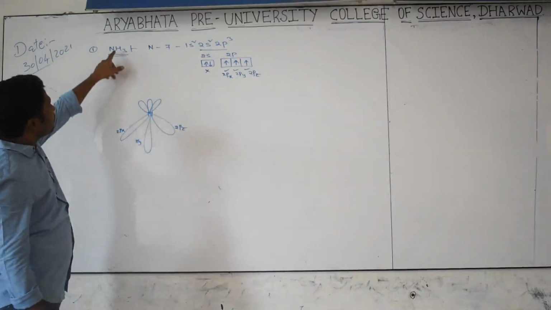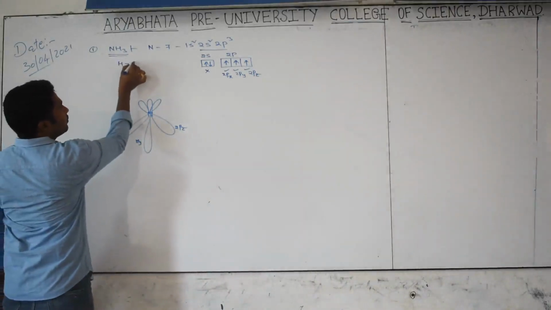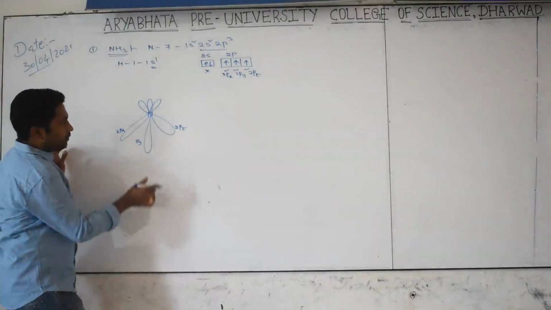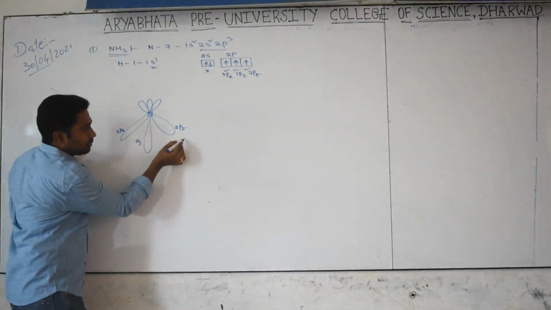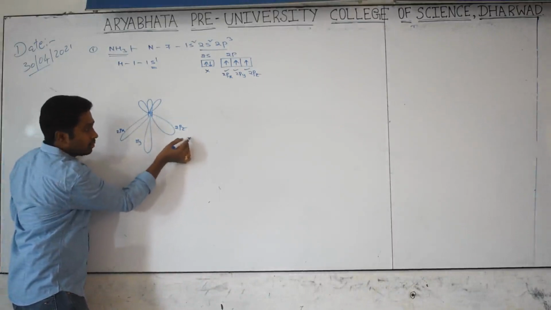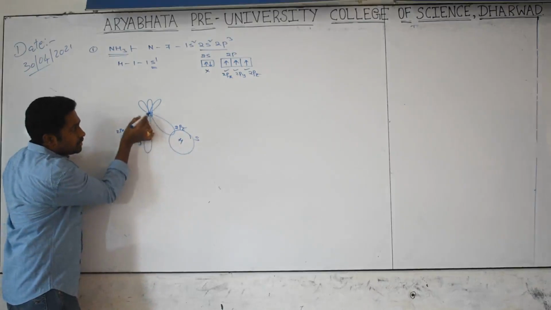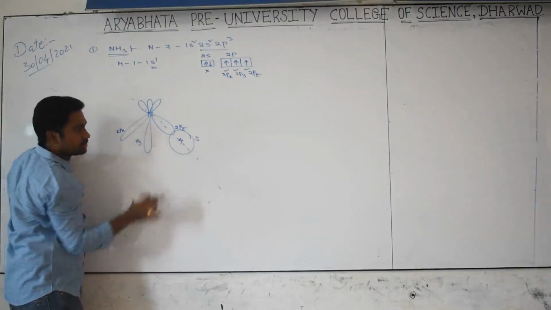Nitrogen is involved in overlapping with the hydrogen atom. Hydrogen means only one electron, 1s1. From nitrogen px, py, pz are coming, but from hydrogen, which is coming? The s orbital is coming. Now this is the nucleus, and this is the nucleus. By joining those two, we get the internuclear axis.